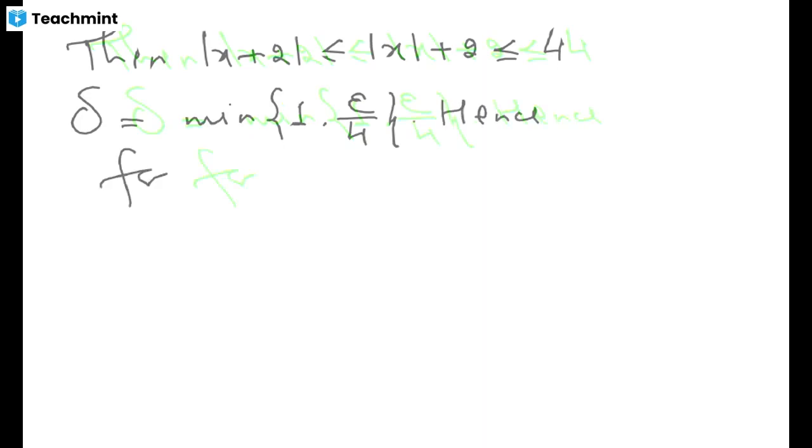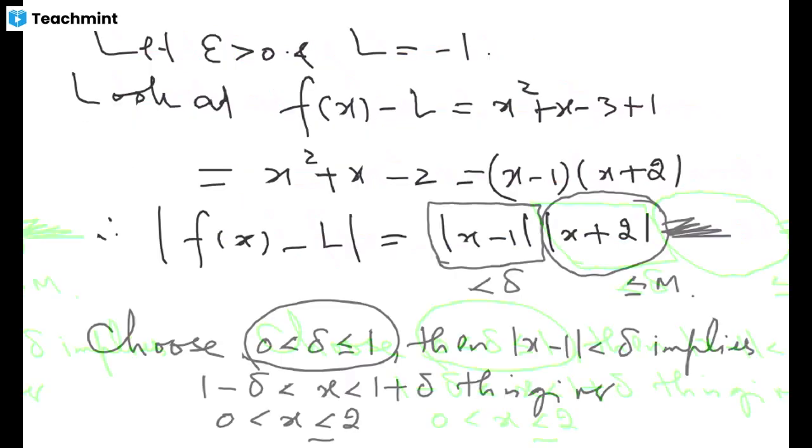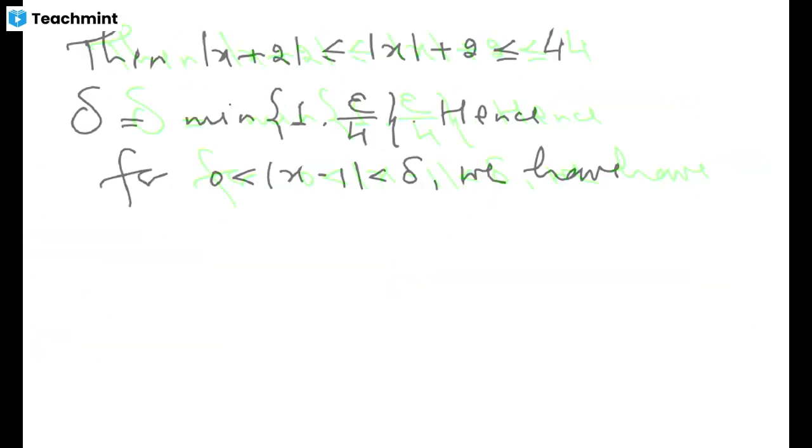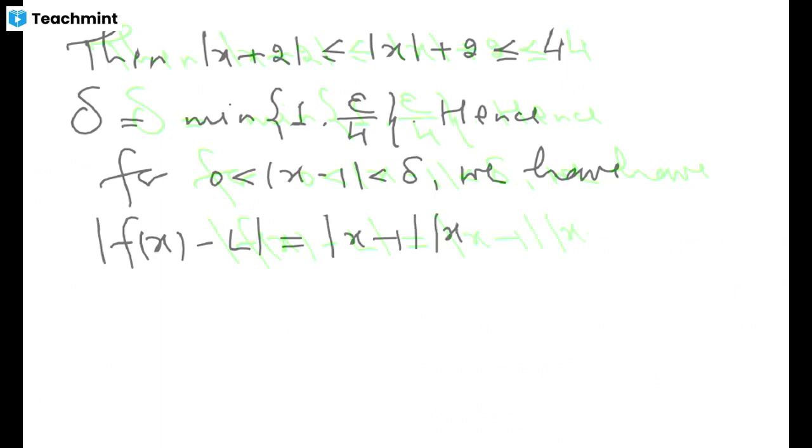Hence, for 0 less than absolute value of x minus 1 less than delta, we have, I will directly copy this expression here. Let me put this whole expression as a star. From star, what will happen? We have absolute value of f of x minus L, which is absolute value of x minus 1 times x plus 2.